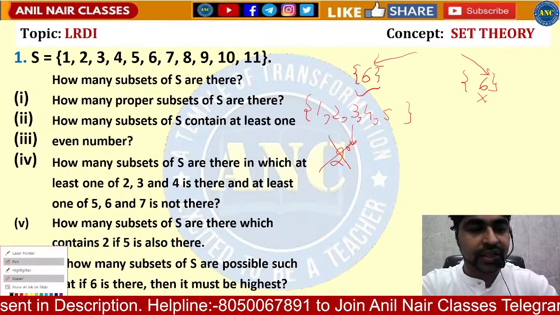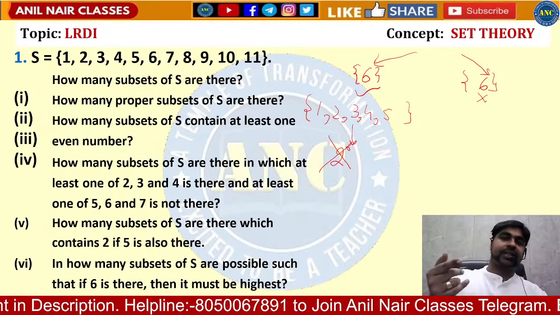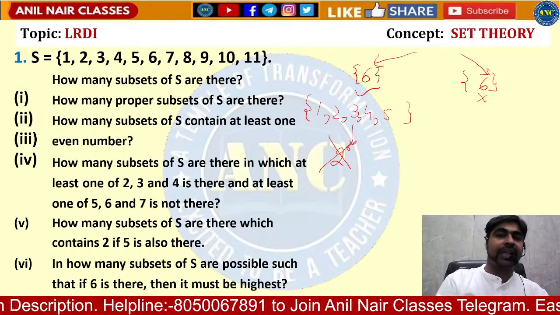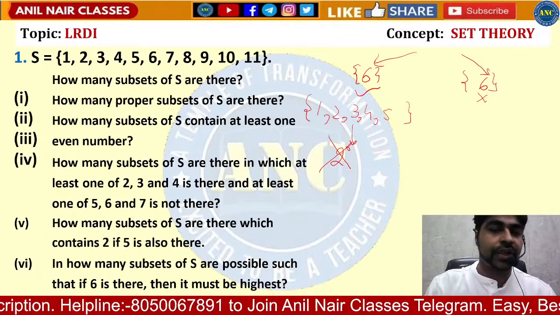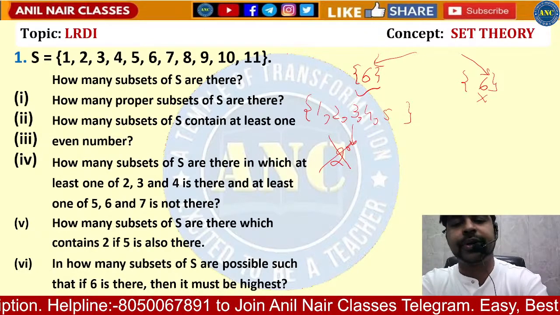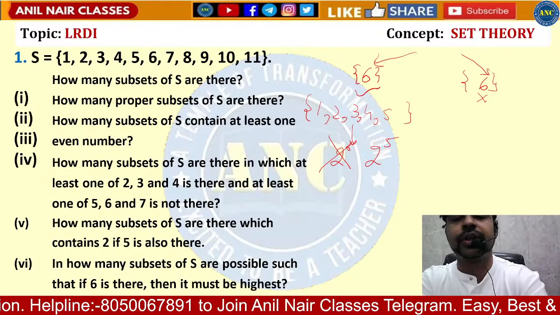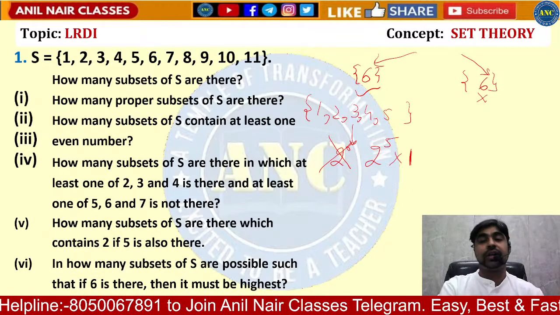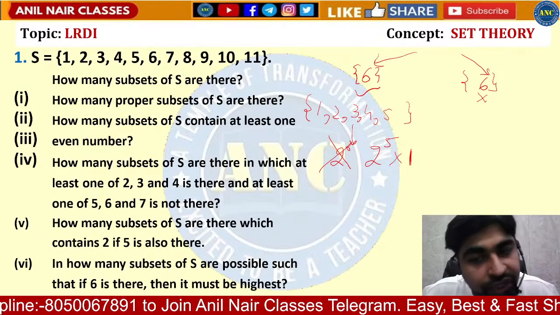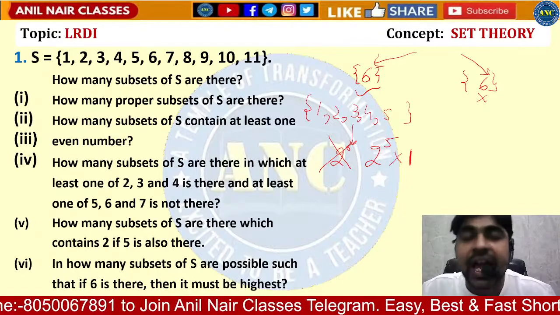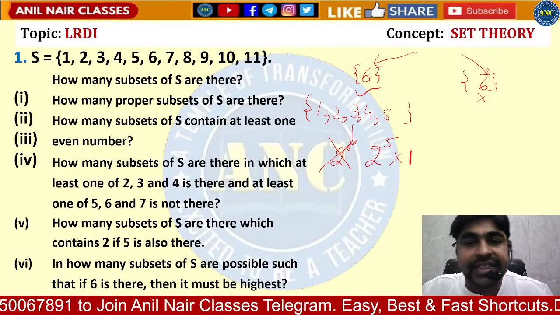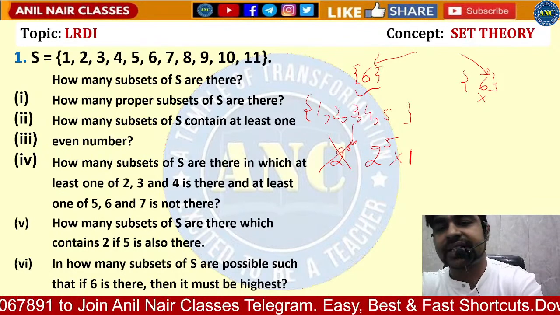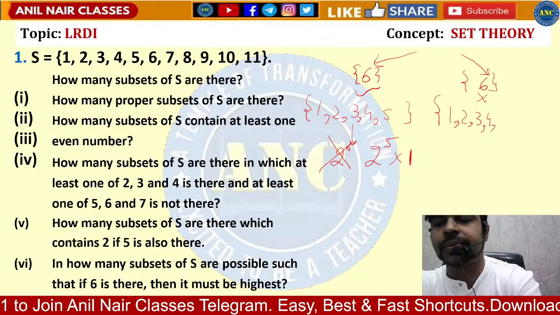So actually, the other elements that can be there or cannot be there would be 1, 2, 3, 4 and 5 only. So the answer would not be 2 to the power of 6 but 2 to the power of 5 multiplied by 1, because the choice that I had for 6 was only one choice, and that was yes, I had to take 6. Okay. And if 6 is not there, then what are the other options I have? I have all the other 10 options.